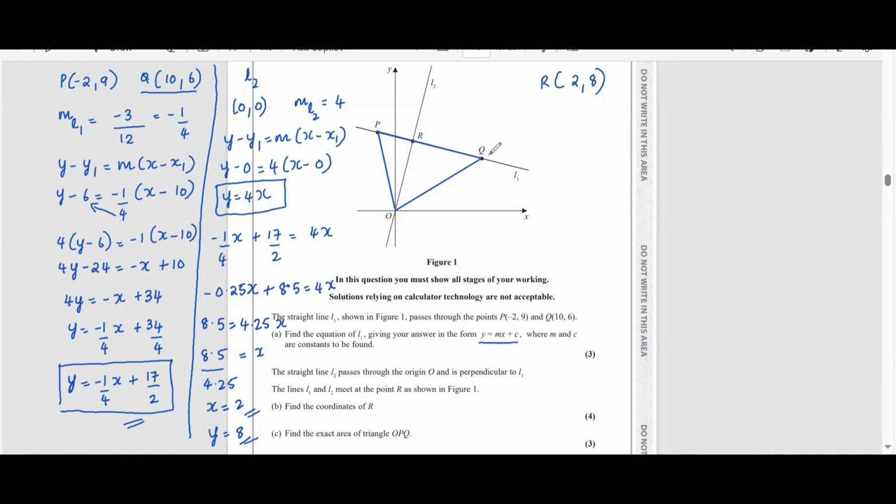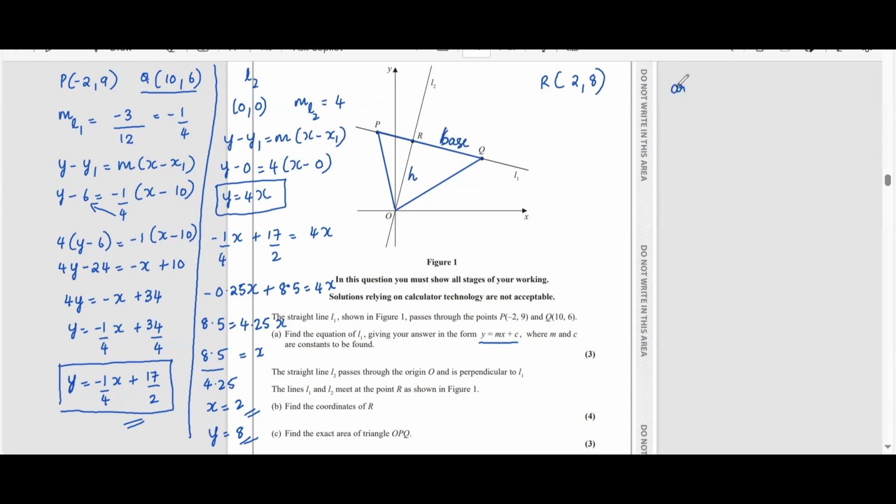If we consider PQ as the base, since lines L1 and L2 are perpendicular, we can consider OR as the perpendicular height H. We need to find the base and the height.